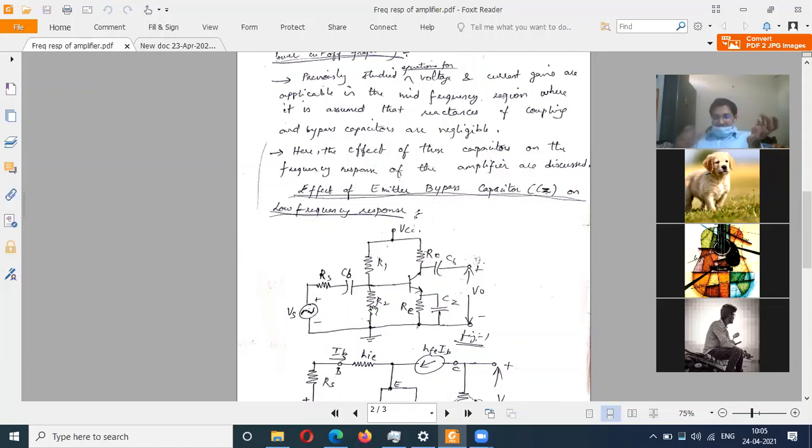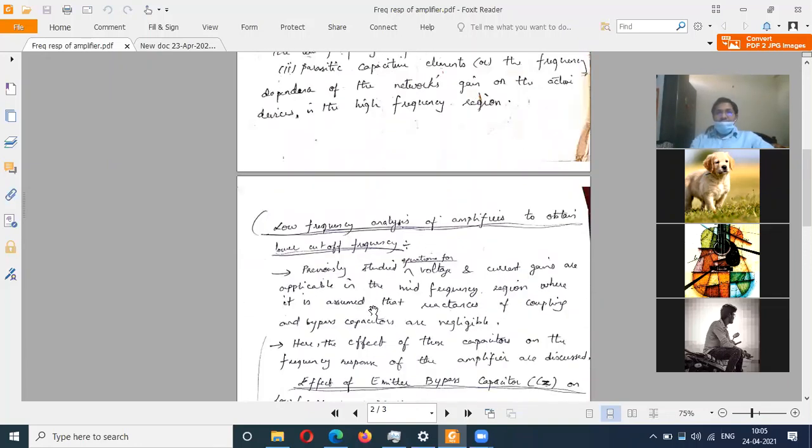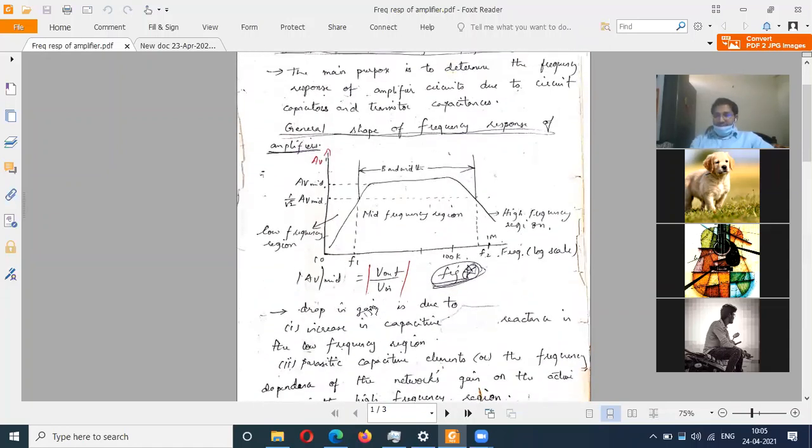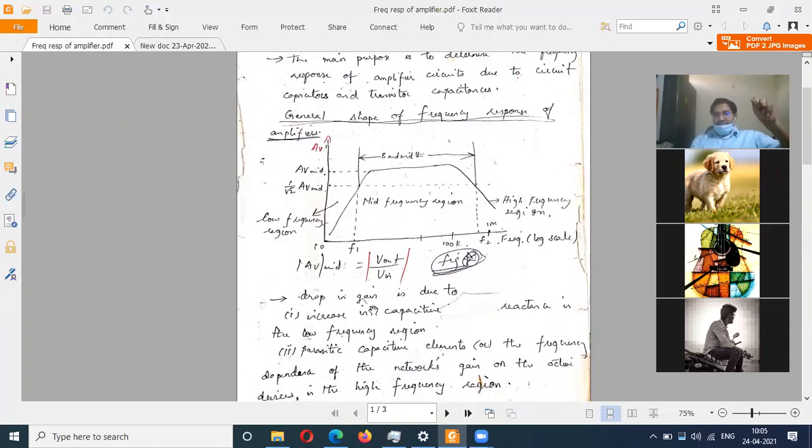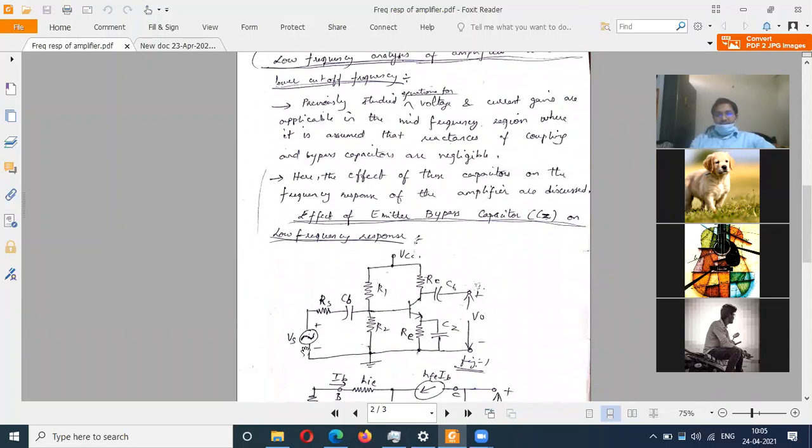The general response of an amplifier is what happens if you change frequency. Here we give a small sinusoidal signal as input, and we get a larger sinusoidal signal at the output. The sinusoidal signal has a frequency, small or large.